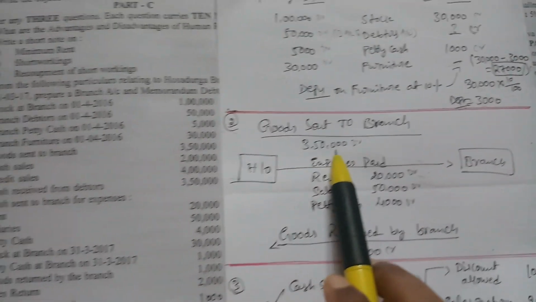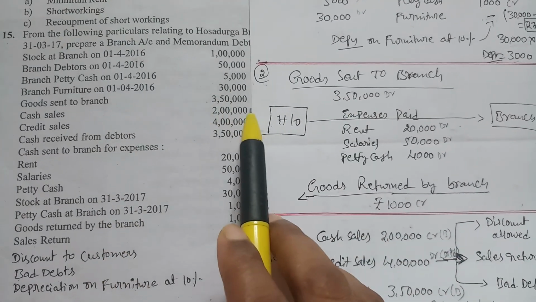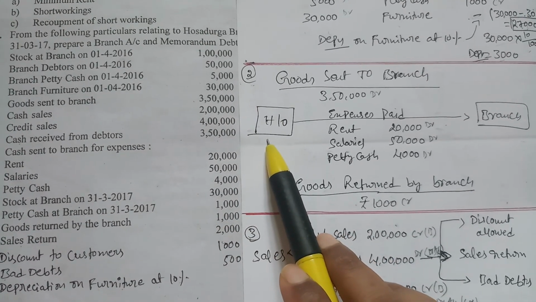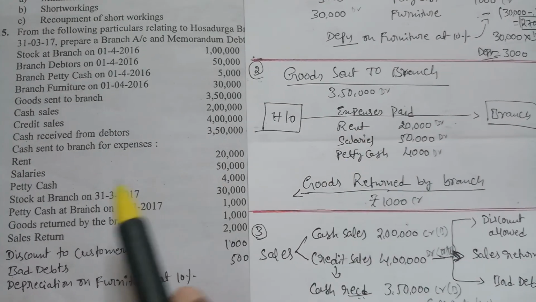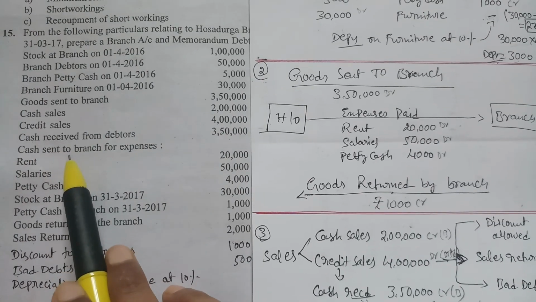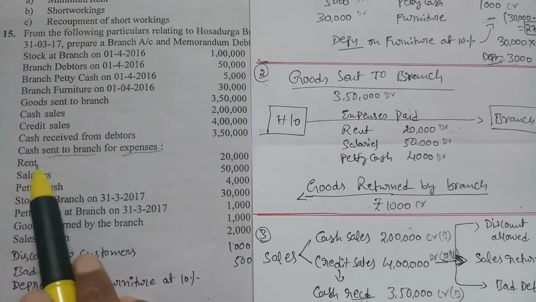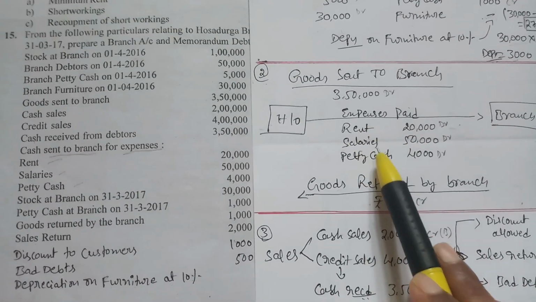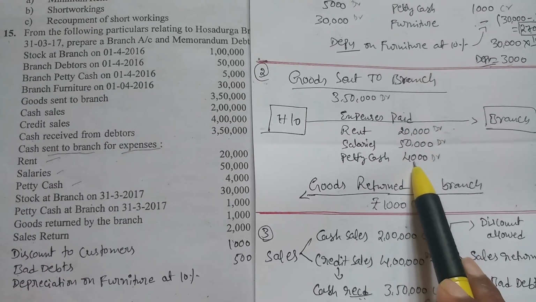They sent 3,50,000 rupees, so I have written here 3,50,000 sent to branch. Head office also sent some expenses to the branch, so I have written those expenses here. Cash was sent to the branch for expenses: rent, salary and petty cash. So I have written here rent, salary, petty cash, with their amounts.